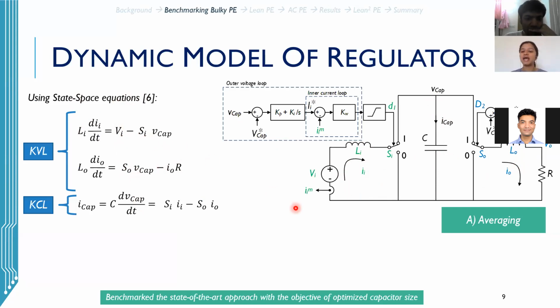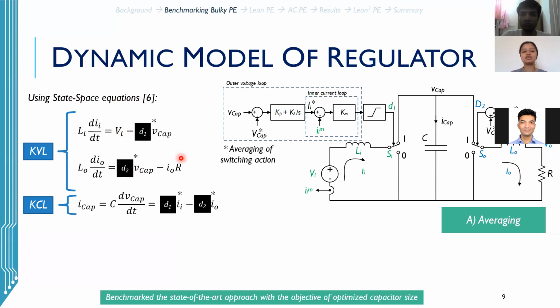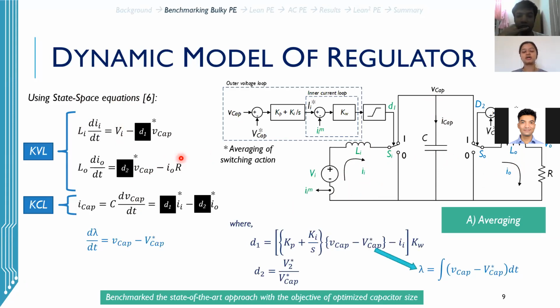The switching action of the switches SI and SO is characterized by the switching functions, and using the principles of averaging, the switching action can be averaged, which is shown here using the D1 and D2 duty ratios. The control regulator characteristics can be included in the duty ratio expression, as shown here, and can be substituted into the state space equations.